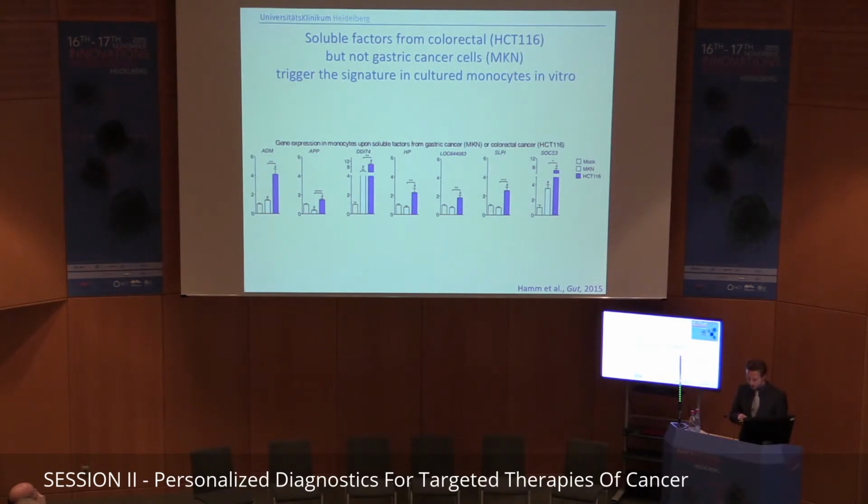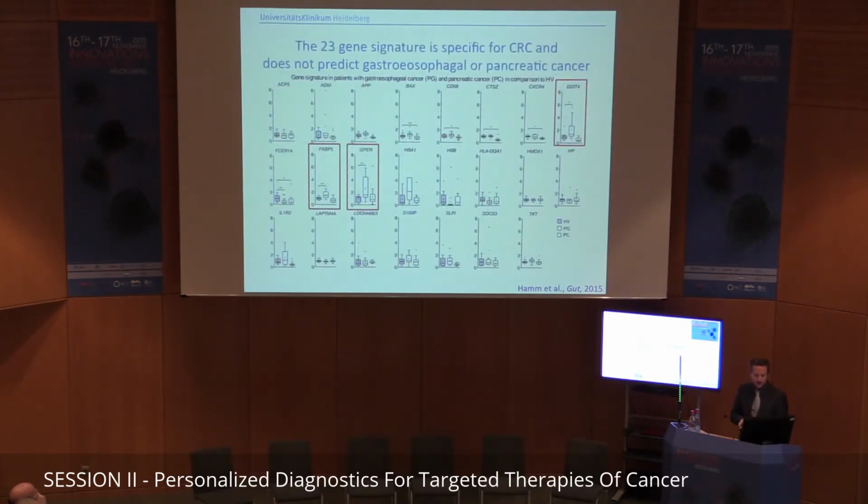Logically, we took this question to the clinic and analyzed the signature in patients with gastroesophageal cancer or pancreatic cancer. And in both of these patient cohorts, we did not find any differences in expression compared to healthy volunteers, with the exception of these markers for gastric cancer.